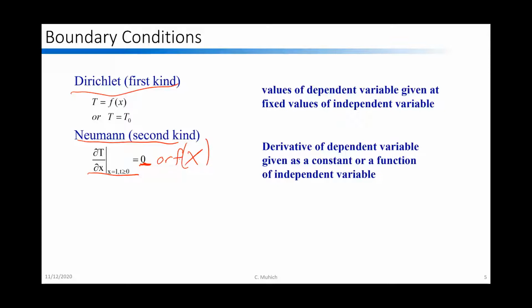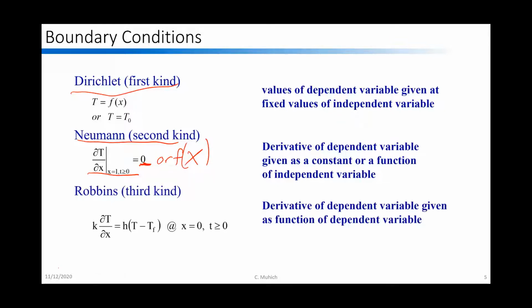The third kind is called Robbins. Here, it's sort of like the Neumann boundary condition where we have a derivative, but in this case, we actually have the dependent variable over here. So the derivative of the dependent variable is a function of that dependent variable.